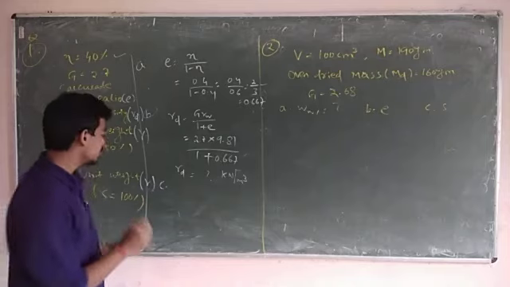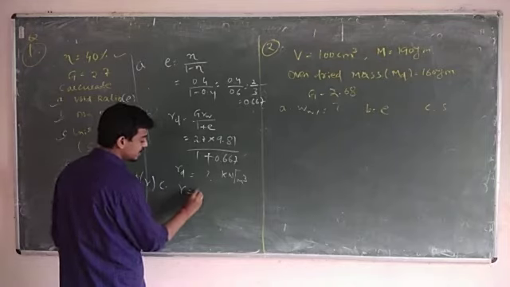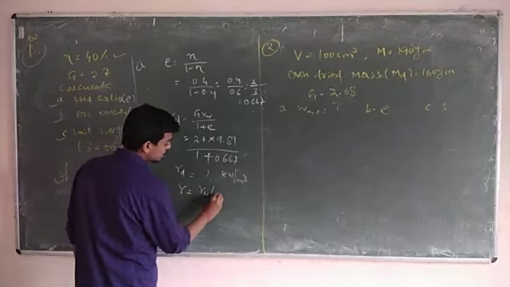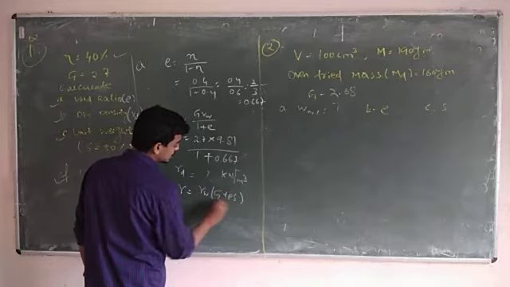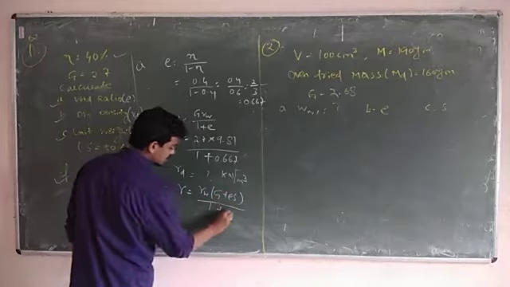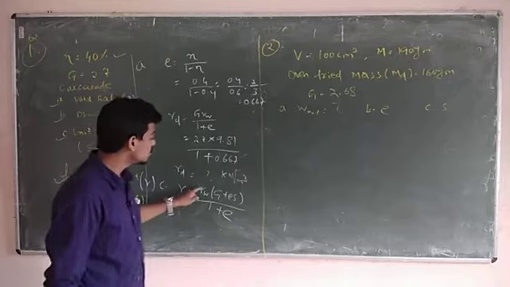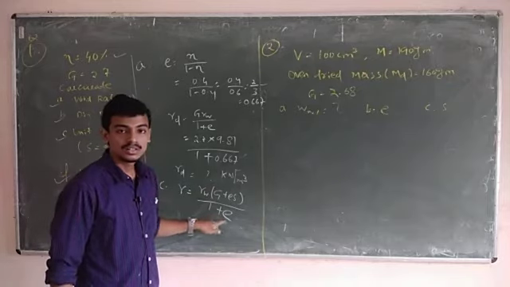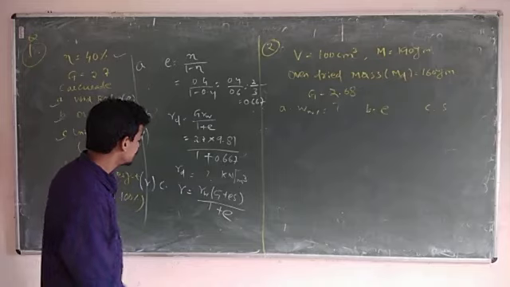Now write the formula first. What is the formula of unit weight? Gamma equals gamma w into (G plus eS) by 1 plus e. In this case, you know all the values, just put them here.